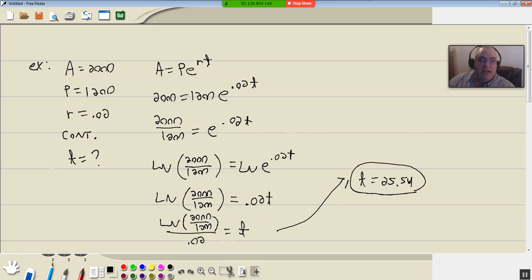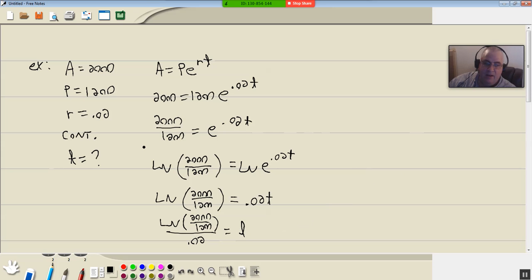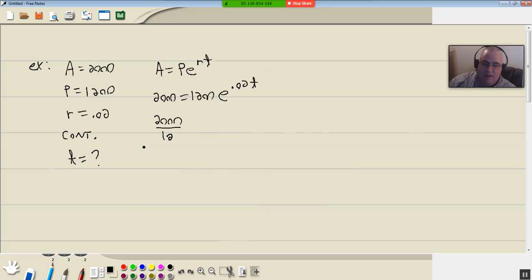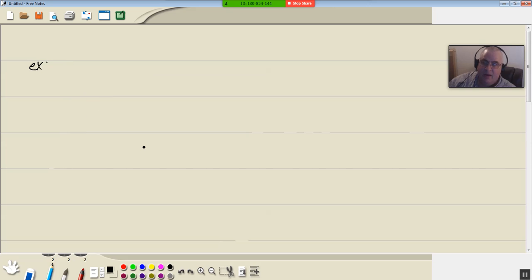So that's how you can use our exponential equations step-by-step approach to solve a compound interest problem for one of the variables up in the exponent. Now let me clear this off. And the next problem we'll take a look at is a log equation.